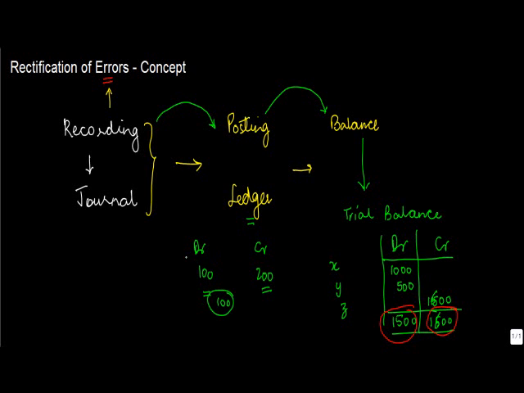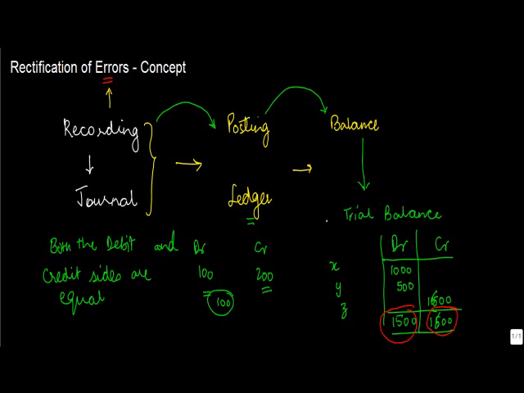Now, one thing which you necessarily need to know is that even when both the debit and credit sides are equal in a trial balance, this does not mean that everything has been recorded, posted and balanced properly.